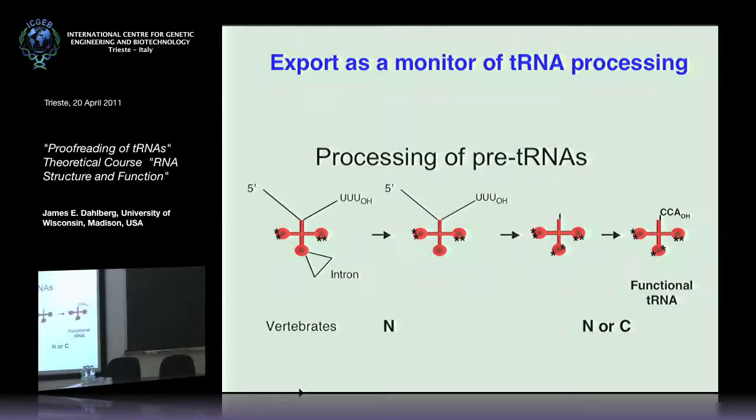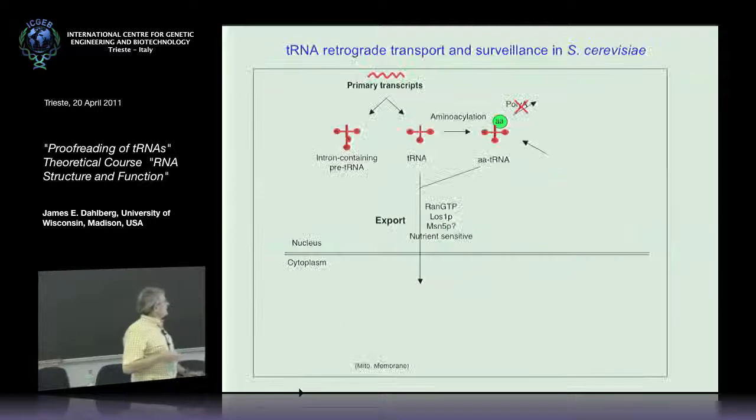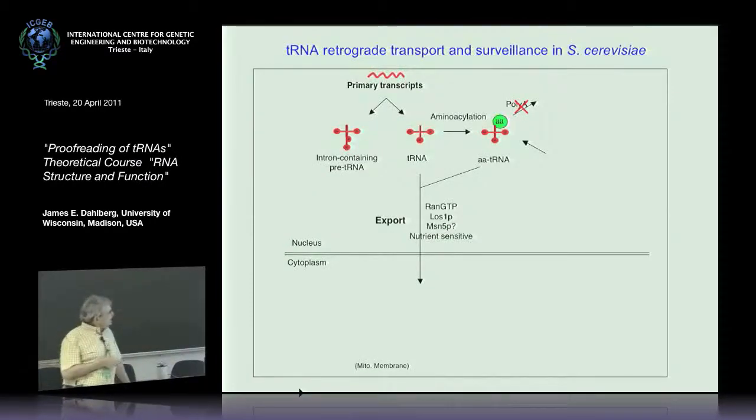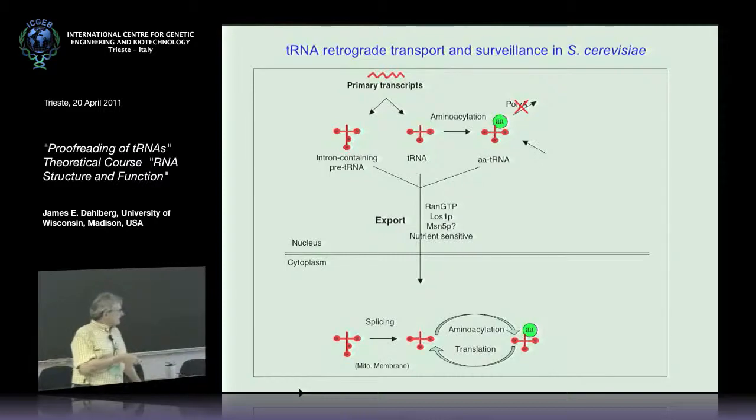And I think that's illustrated here. So what we find in the vertebrate system is that all of these things happen in the nucleus, and then you get export. But in the yeast, splicing occurs out here on the mitochondrial membrane.